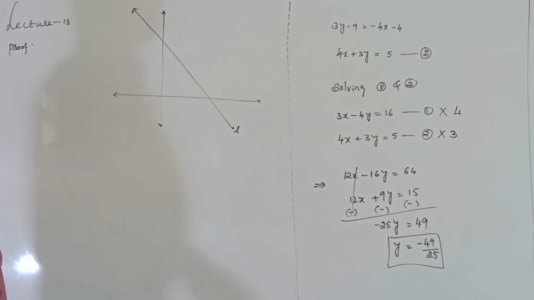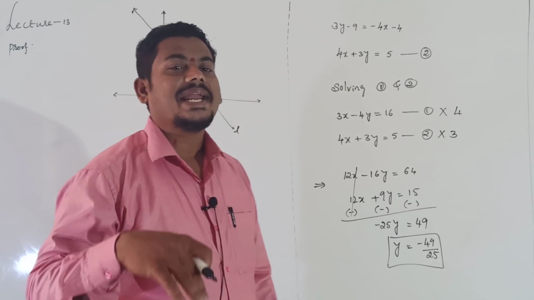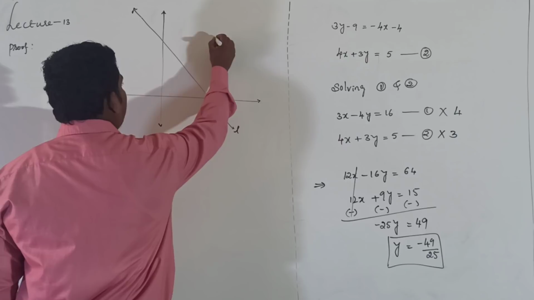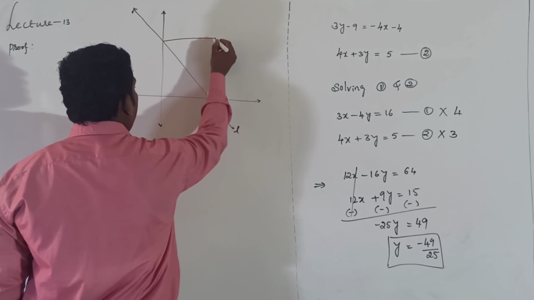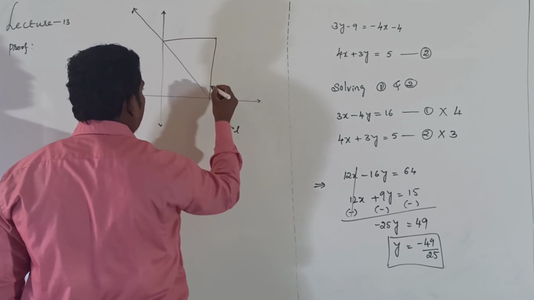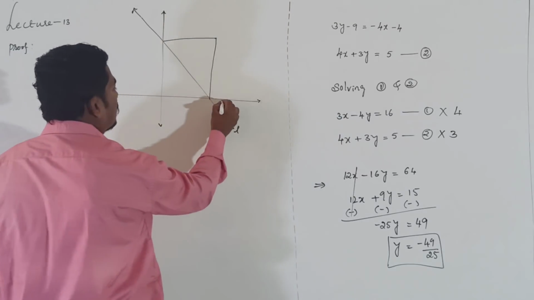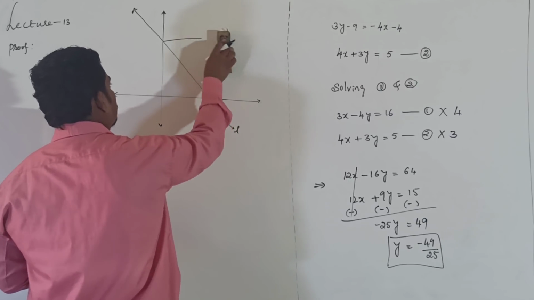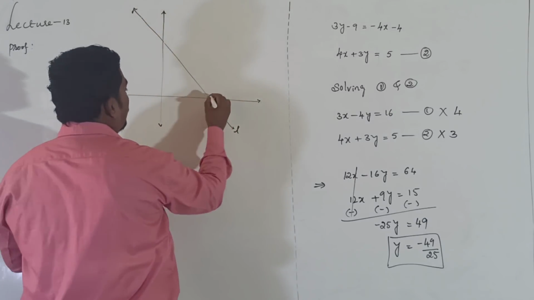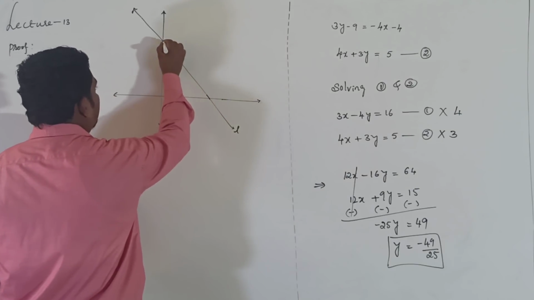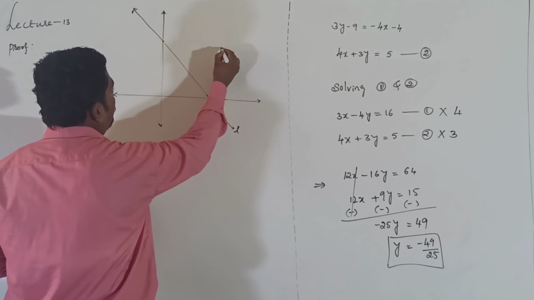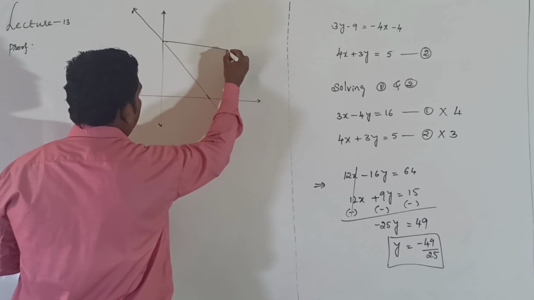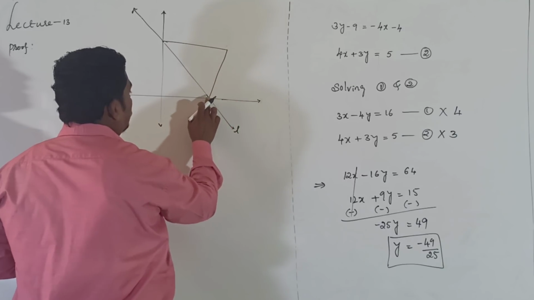P is in the plane, distance between line and any point in a plane, right? This is our required point. We need to find the distance between point and line.